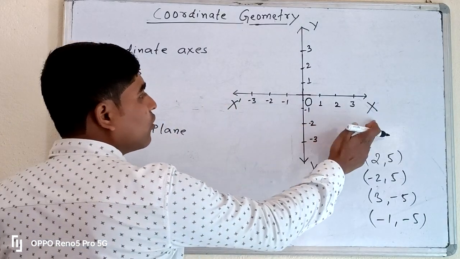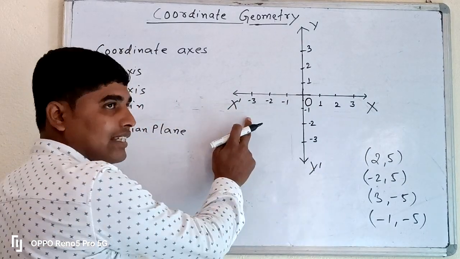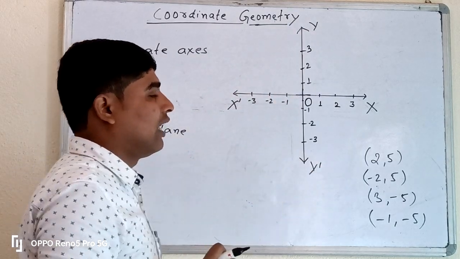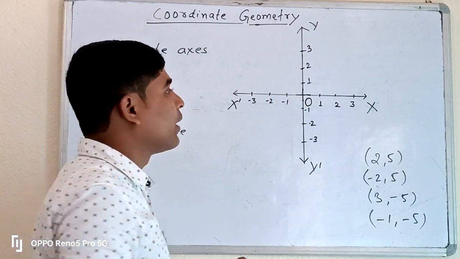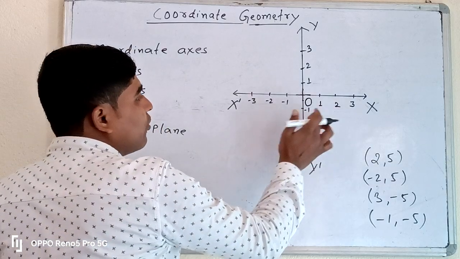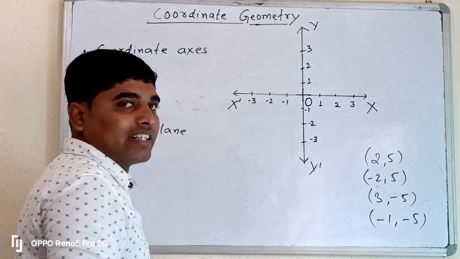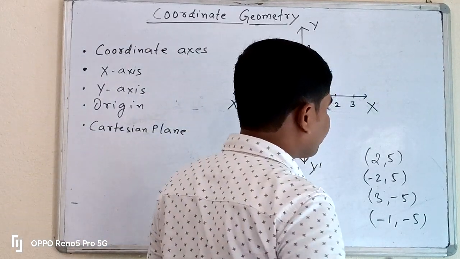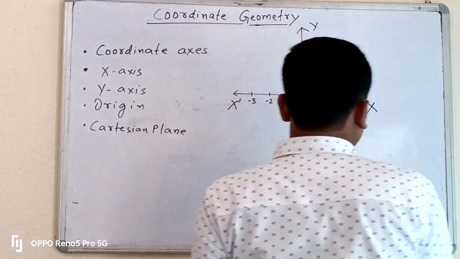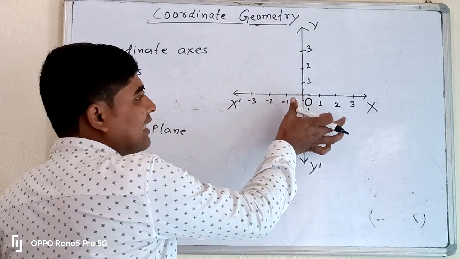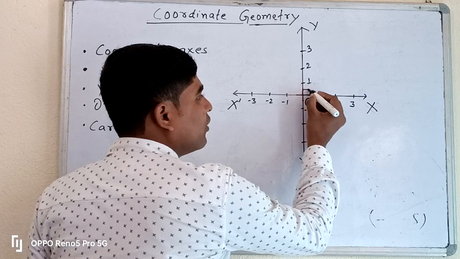Here, X O X dash and Y O Y dash. I think it is clearly visible to all of you. X O X dash is a straight line and Y O Y dash is a straight line. These lines are perpendicular.